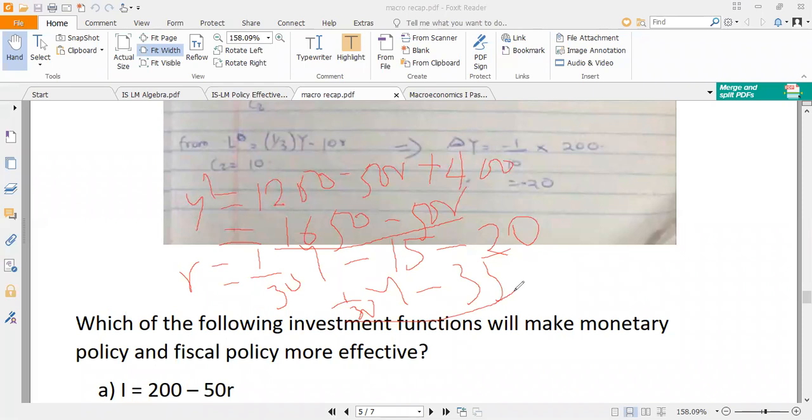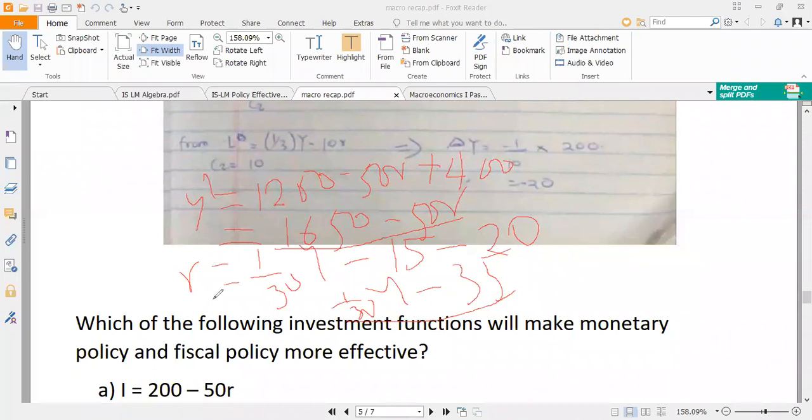I think the last time we met, we did that. But when you are drawing the diagrams, you need to make sure that you are drawing it in a way that will match the new values of R and Y that you had.